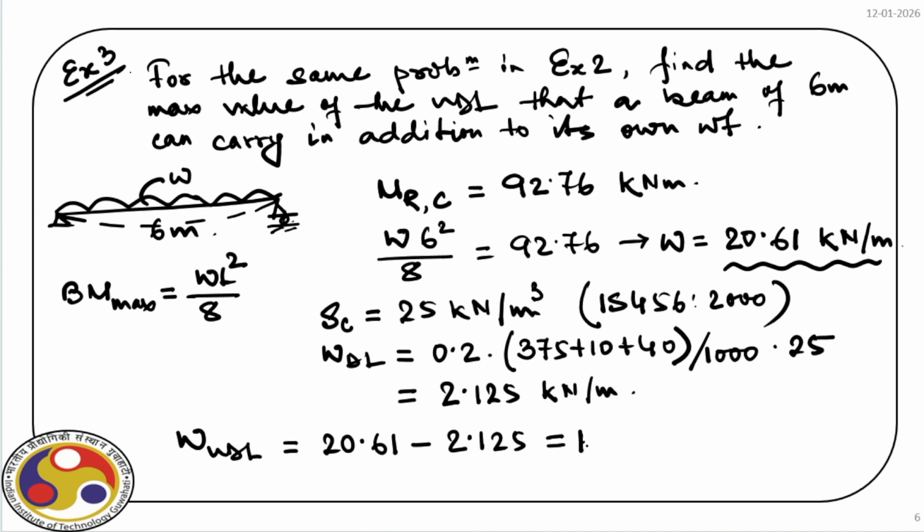So it is 18.485 kilonewton per meter. So that is the answer. So you can see how we can derive the external load that we can safely apply using working stress method, right?